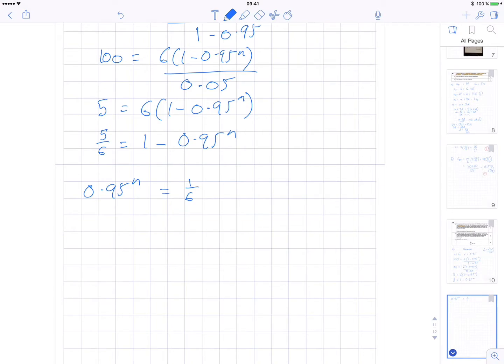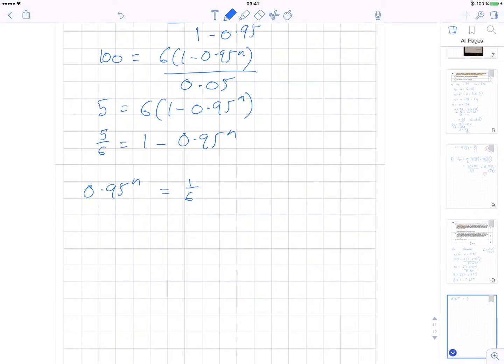Next year you're going to see how to do this without using the calculator, but for this year you're just going to type in all that. So solve, open brackets, 0.95 to the power of n is equal to 1/6, and don't forget to put comma n, and that's equal to, control.